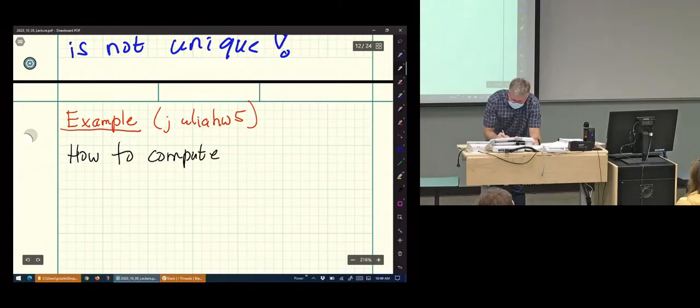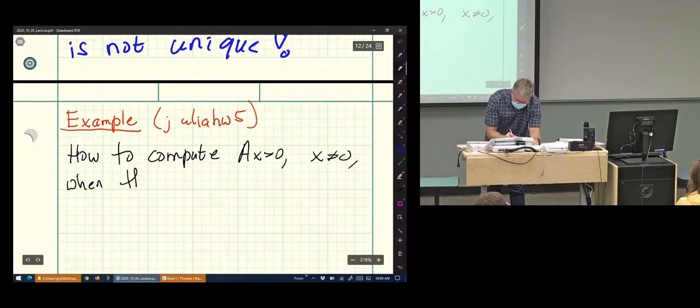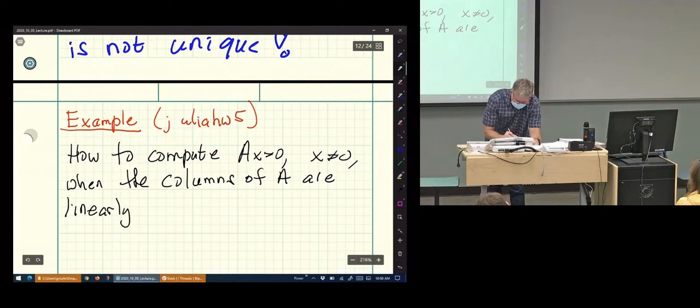How do you actually compute Ax equals 0, x not equal to the 0 vector, when the columns of A are linearly dependent?